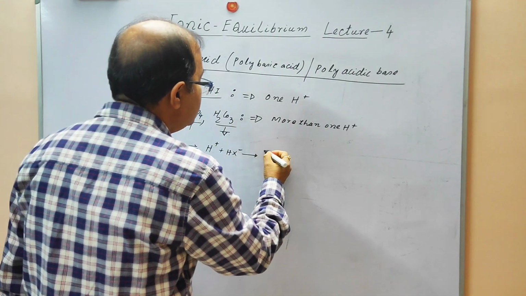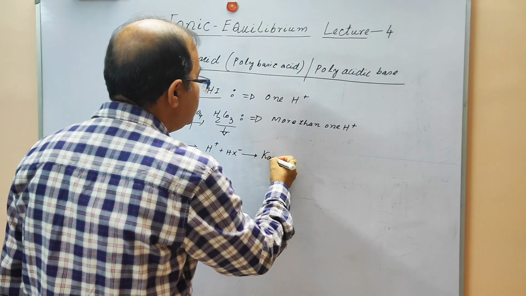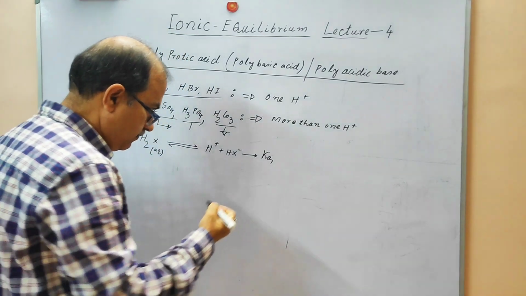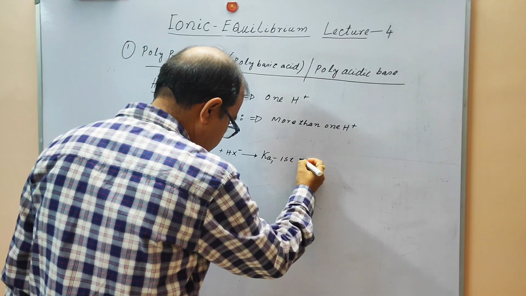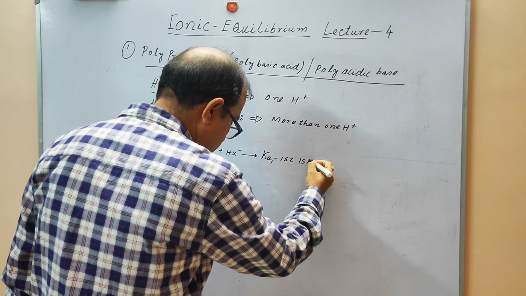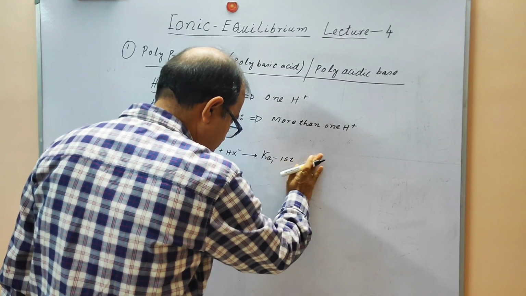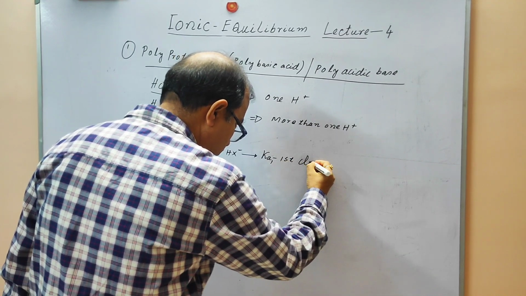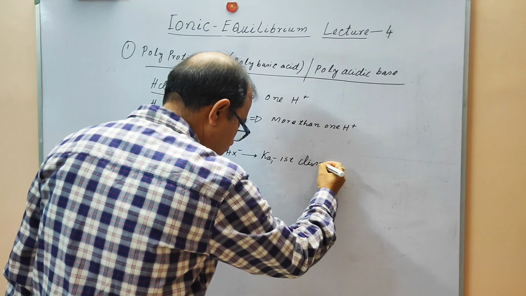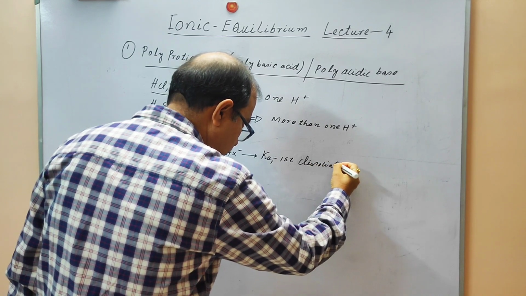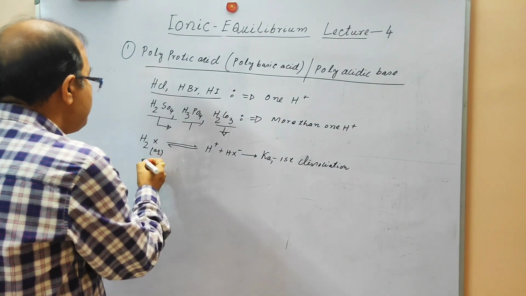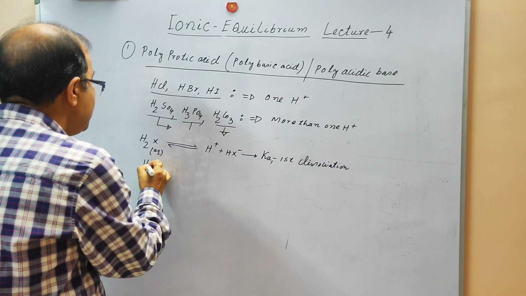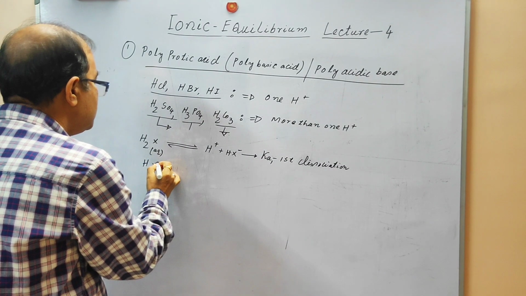In this case this is the first dissociation constant, Ka1. Then you have the second dissociation.